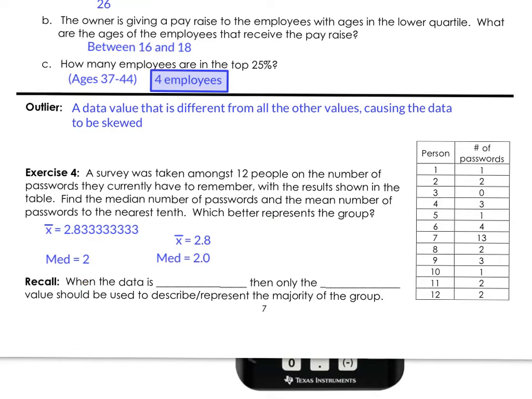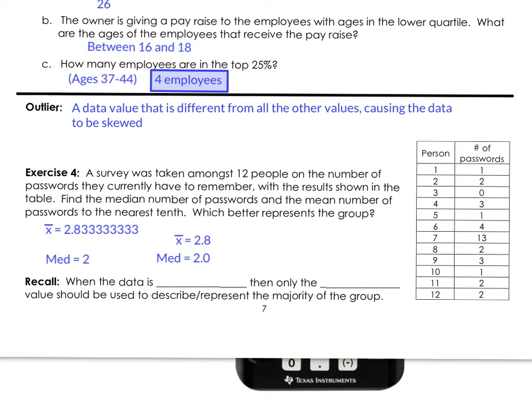Well, since we have one piece of data over here, the 13, that's an outlier. That one is different from all the others. It's much higher than any of the other numbers that we have on our list. So think about an extreme situation where everybody takes a quiz and everyone who takes it gets 100, but one person doesn't take the quiz, say they don't make it up, so they have a 0.